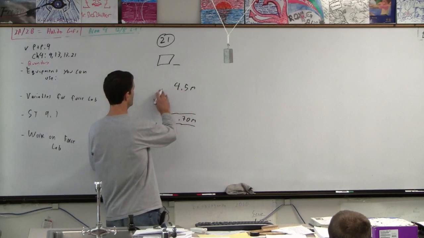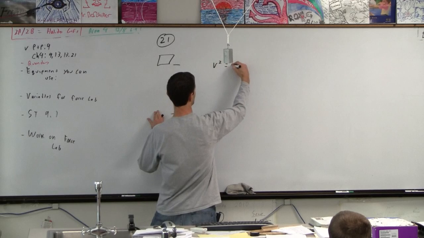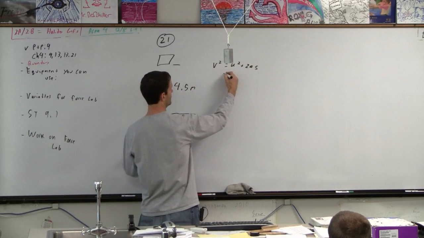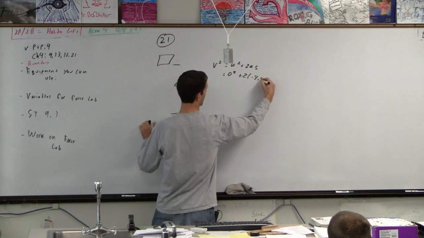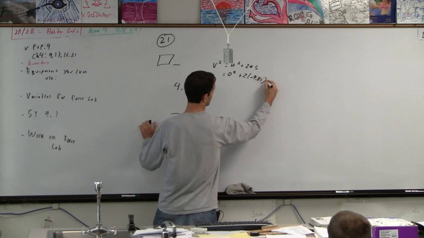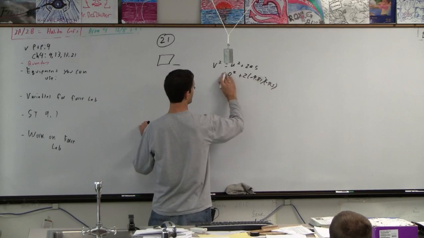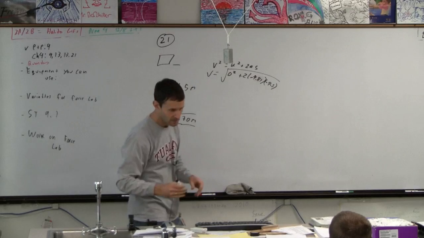Okay. So the first thing to do is to Suvat this, and for the final velocity we're going to use v squared is u squared plus 2as. The initial velocity is 0, so v squared is 2 times negative 9.81 times negative 4.5, and then we take the square root of that, the absolute value of v.